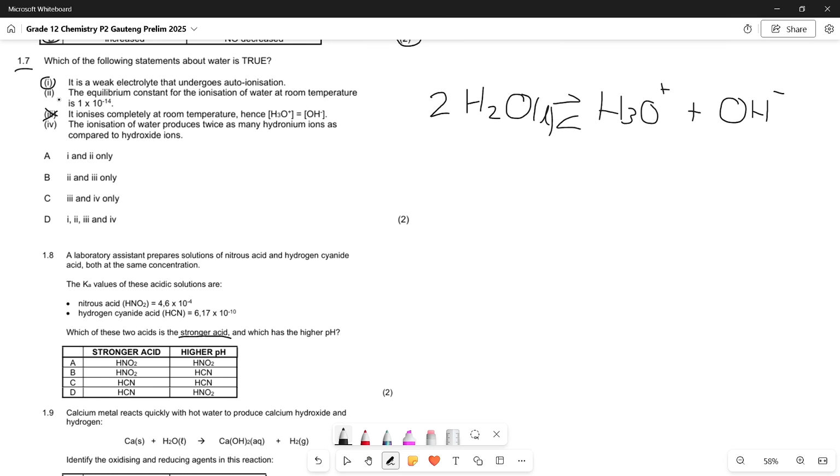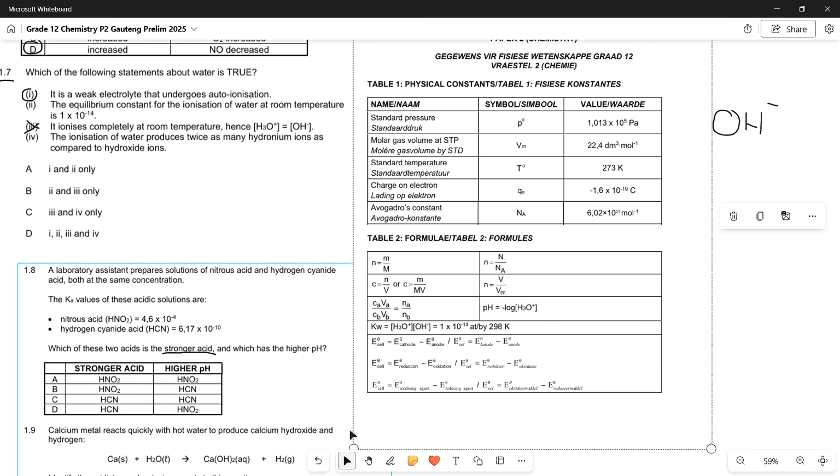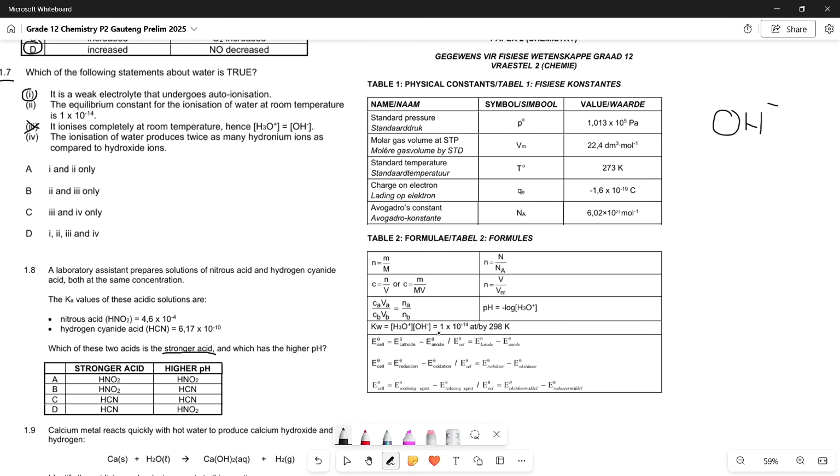So if we look at 2 over here, this number 1 times 10 to the negative 14 might look familiar, because we have 1 times 10 to the negative 14 here. This is our Kw value. So it's saying at 298 Kelvin, and 273 Kelvin equals 0 degrees Celsius, but 298 Kelvin is 25 degrees Celsius. So we're just adding 25 to 273 and we have 298, and that's how we convert Celsius to Kelvin.